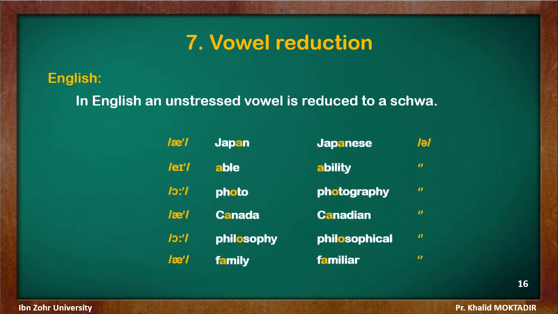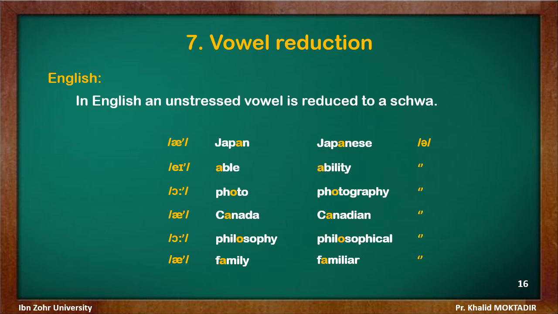Look at the examples below. The vowel a in Japan becomes a schwa when it is not stressed. It's pronounced Japanese. The vowel a in able, when it is stressed, it's a.